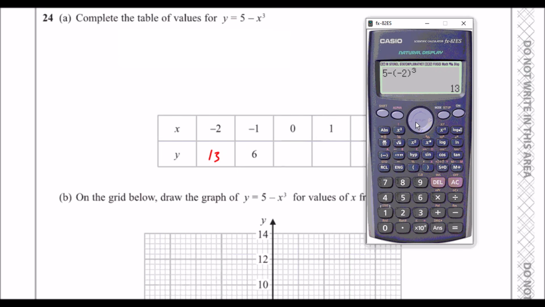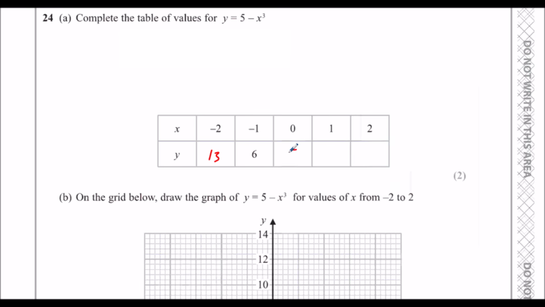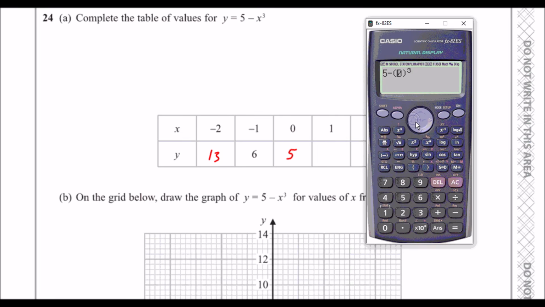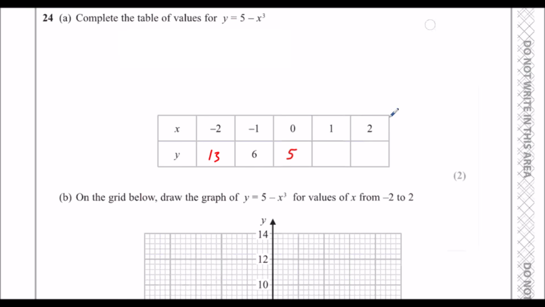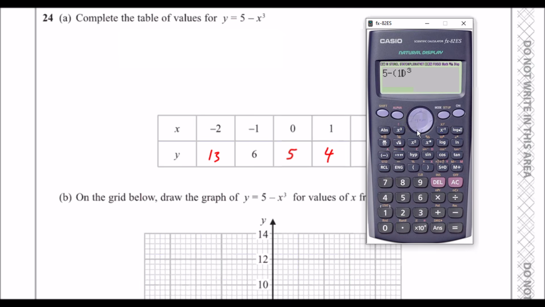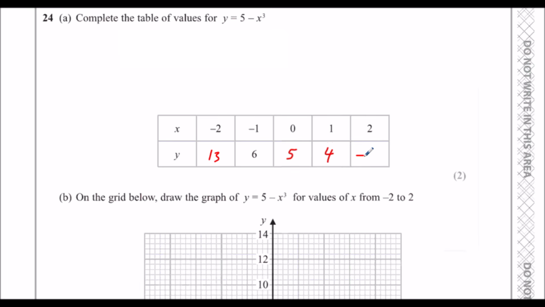When x is 0, we get 5. When x is 1, we have 4. And when x is 2, we have -3.